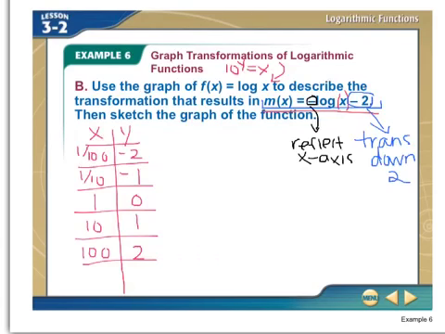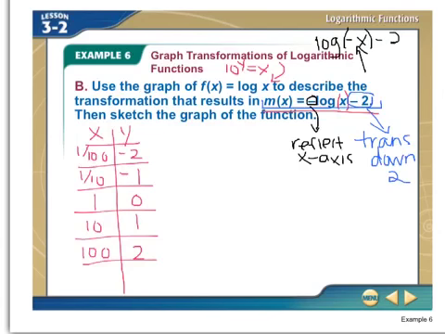If we had a negative sign inside, like if we had log of negative x minus 2, then since the negative is in front of the x coordinate, the x coordinate is going to switch sign, which would be a reflection over the y-axis. When you reflect points across the y-axis, the x-coordinates change sign. When you reflect points across the x-axis, the y-coordinates change sign.